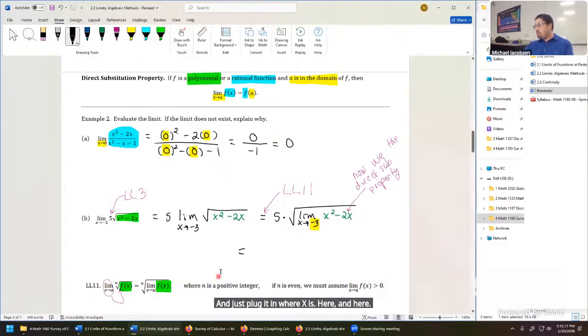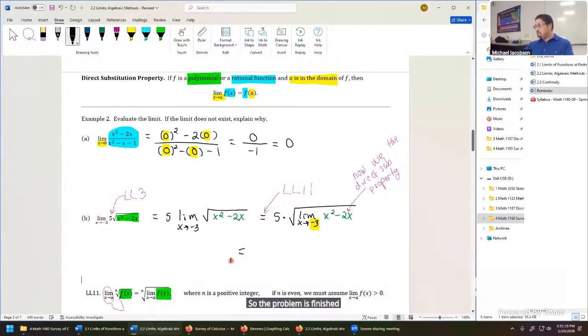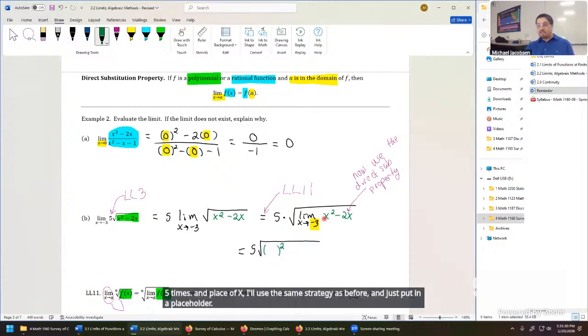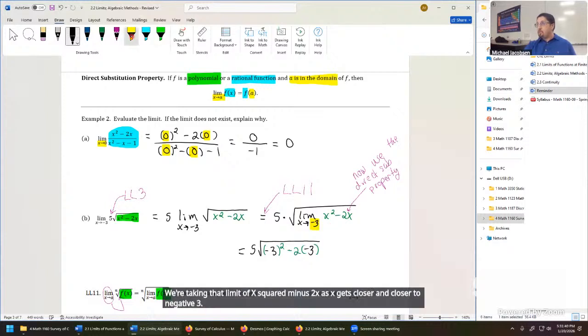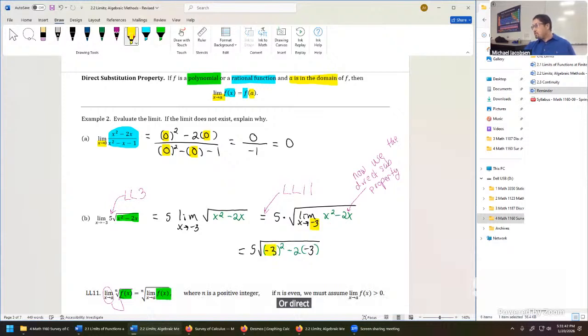So the problem is finished when we say that this is equal to 5 times, in place of x, I'll use the same strategy as before and just put in a placeholder. So that's x squared there minus 2 times x. We're taking that limit of x squared minus 2x as x gets closer and closer to -3, or direct substitution allows us to just simply plug it right in.